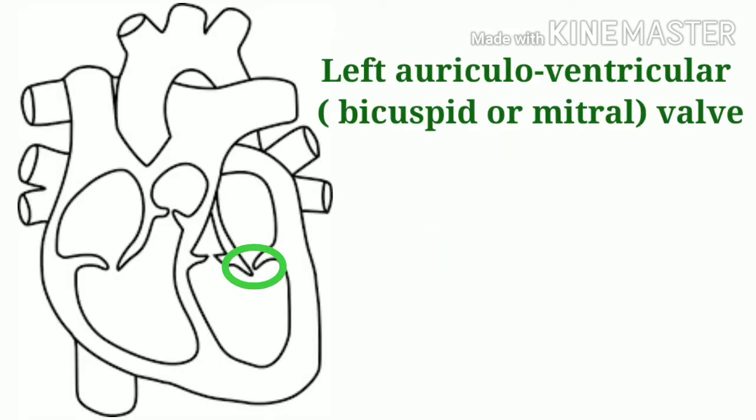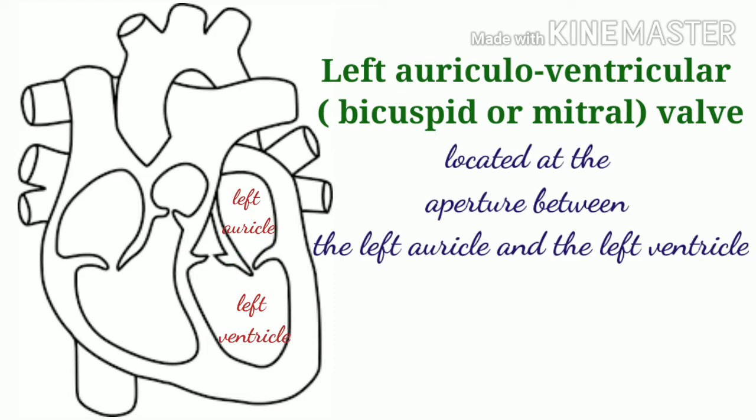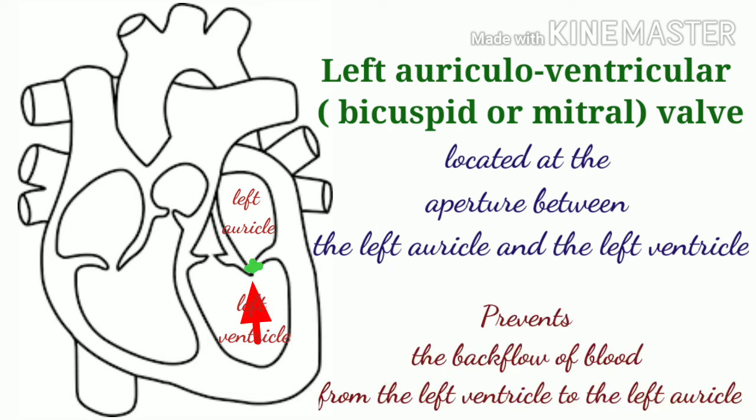The left auriculoventricular valve, or the bicuspid valve or the mitral valve, is located between the left auricle and the left ventricle and prevents the backflow of blood from the left ventricle to the left auricle during the contraction of the ventricles, or again the ventricular systole.